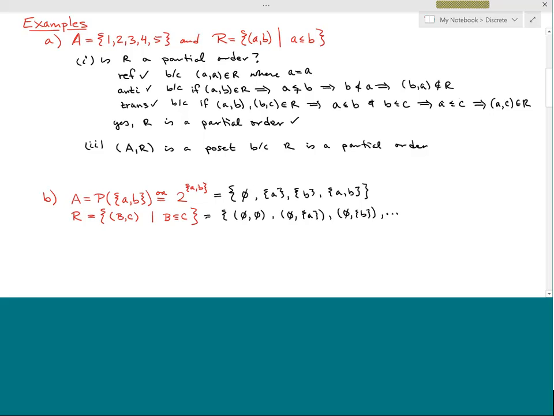I'm not going to write them all out, but you also have one element set A, comma, the full set. And there's a few more. So that's what those ordered pairs look like. So very different in terms of the individual elements.